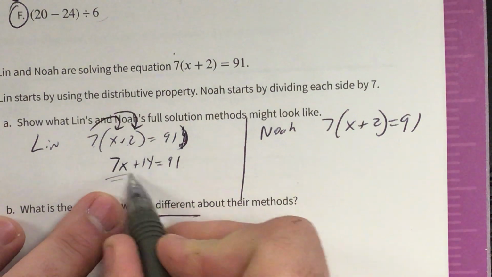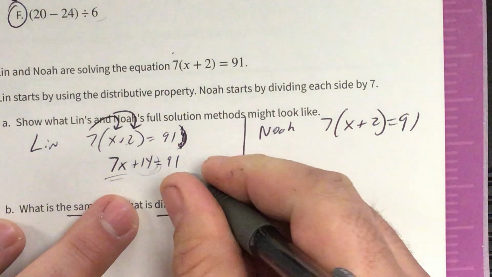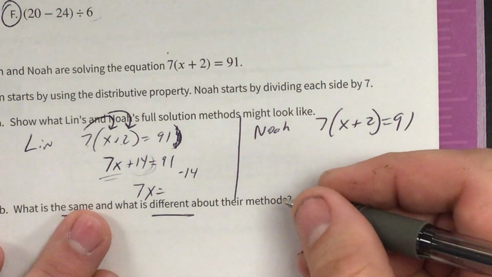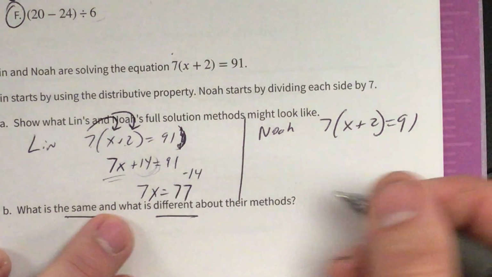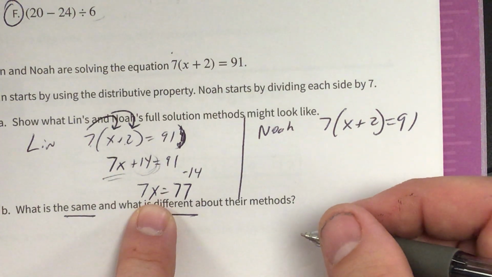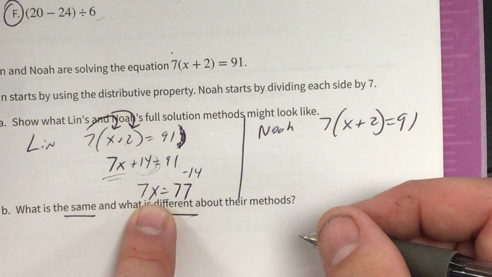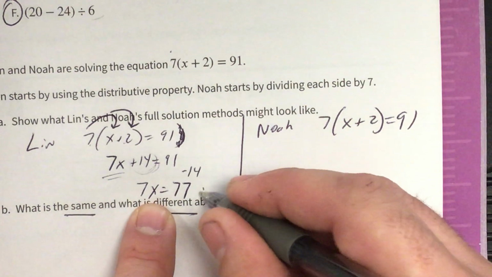Get rid of that. Opposite of that. Subtract 14. 91 minus 14. 77. Last step. Lauren?